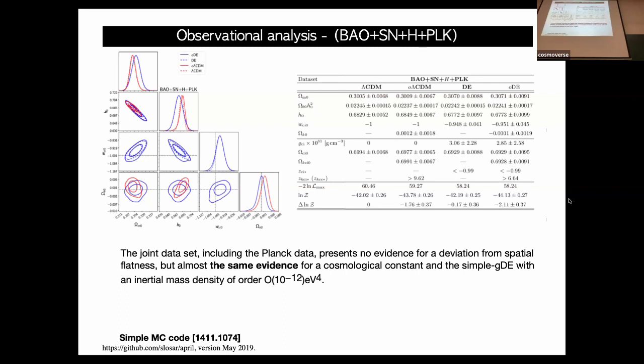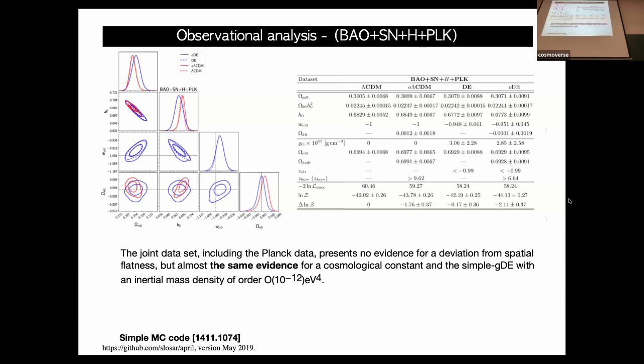No inertial mass density is favored in this theory if you allow a constant deviation, not any dynamical deviation. So it means that the data favor a positive inertial mass density. And when we look at the relative Bayesian evidence, you can see that you cannot distinguish lambda CDM and the simple graduated dark energy model. It means that there is a slight positive inertial mass density.